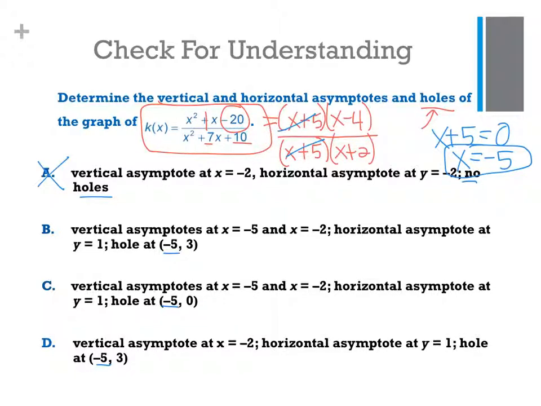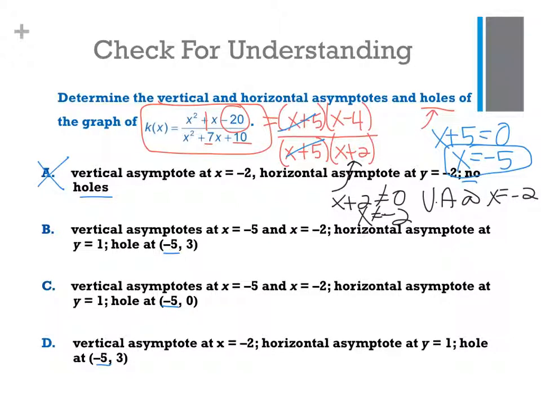I'm going to work out the rest of the problem here. Obviously, since I have a factor left on bottom of x plus 2, if I set x plus 2 equal to 0, I get x equals negative 2, which x plus 2 can't equal 0, because if it does, then we'll end up dividing by 0. So this tells me that we have a vertical asymptote at x equals negative 2.